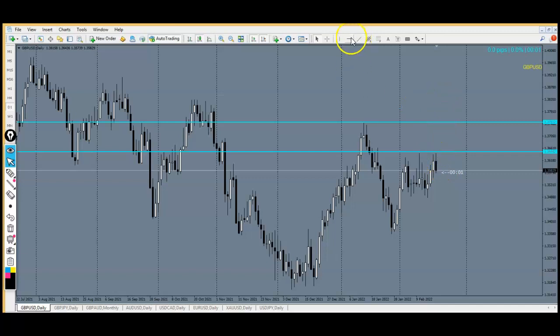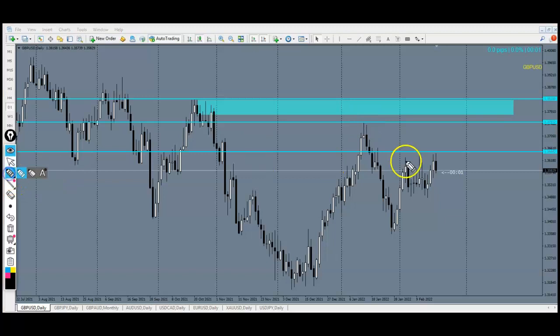Or if it really moves very high, then I'll be looking for it to come to this supply zone here. So there's a supply zone here at the top. I'll be looking for this supply zone to be hit, and once it comes to this zone here, I expect it to come down, or if it hits this zone here, I expect some retracement. Alright, so that's what I'll be looking for.